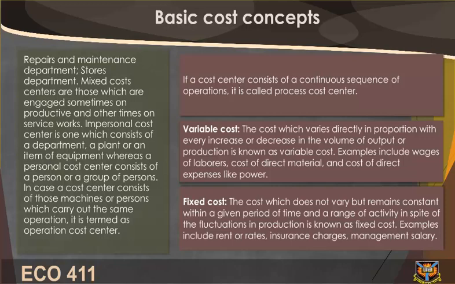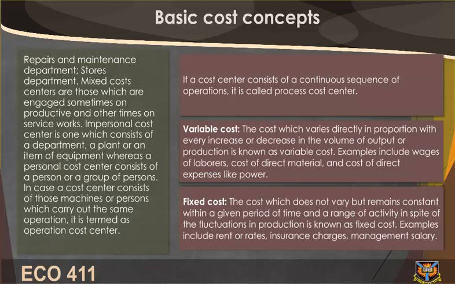Variable cost. The cost which varies directly in proportion with every increase or decrease in the volume of output or production is known as variable cost. Examples include wages of laborers, cost of direct material, and cost of direct expenses like power.